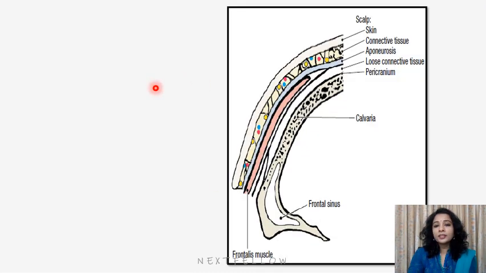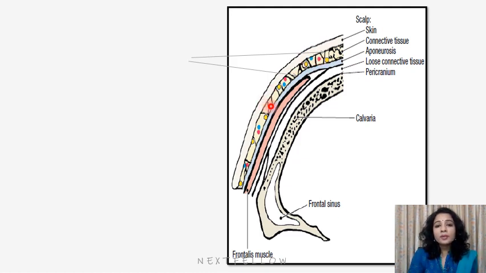Next, about the connective tissue. Here we can see this is a schematic image to understand the connective tissue. It is dense and it is nothing but the superficial fascia of the scalp, and it is divided by dense fibrous tissue into septa.